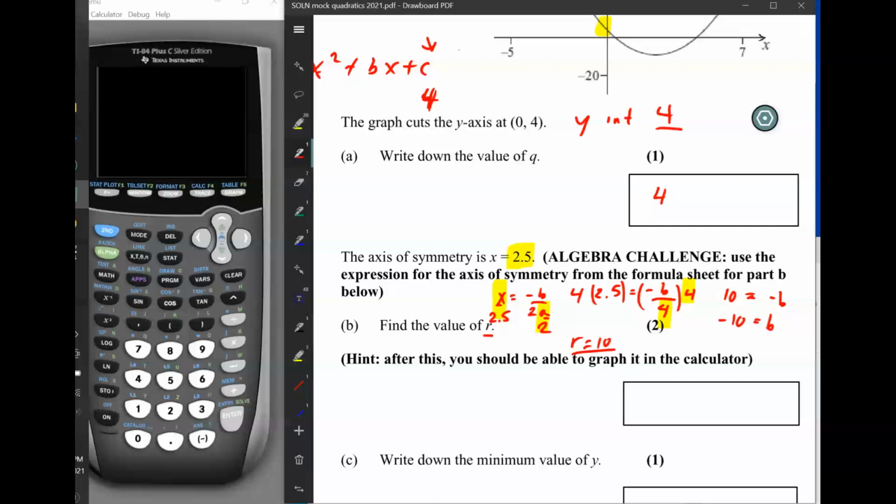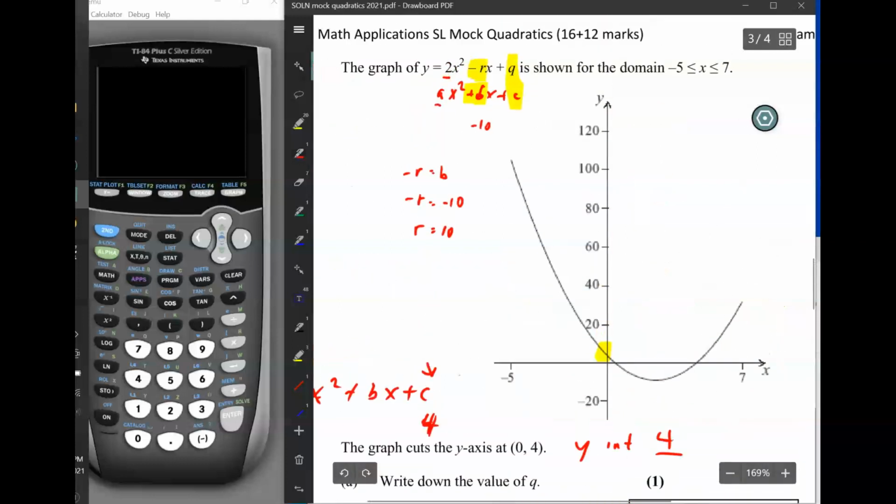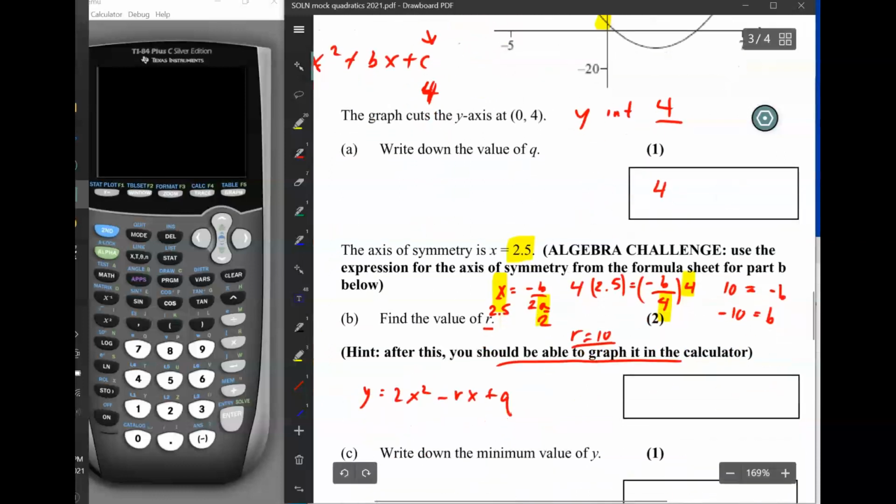Okay, now we have all the values necessary to graph in the calculator, and it should make the rest of the problem much easier. Okay, so let's take a look at it. Instead of putting y equals 2x squared minus rx plus q, which they have above, now we can plug in all the values that we actually know. Remember, q is 4.